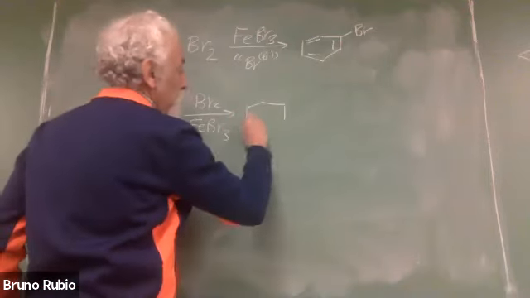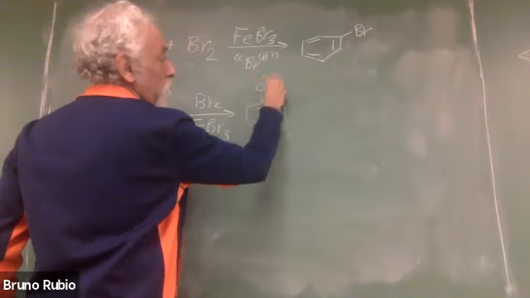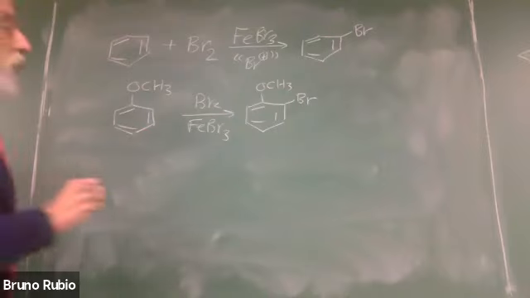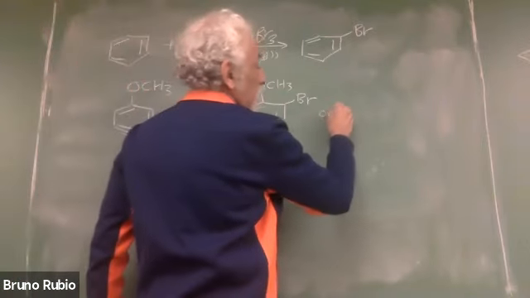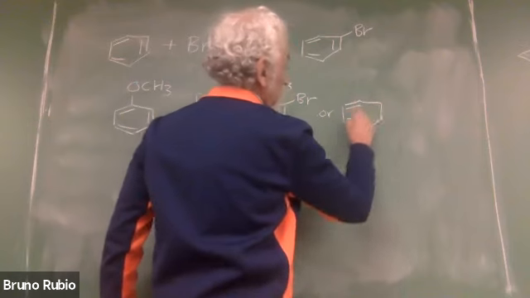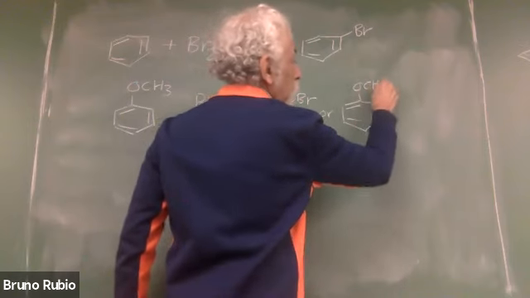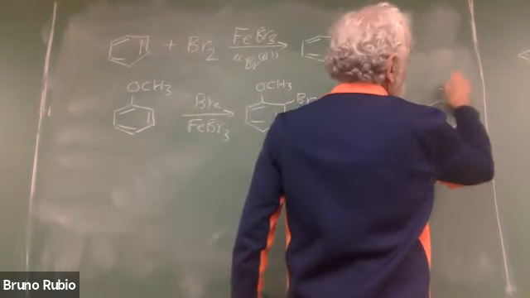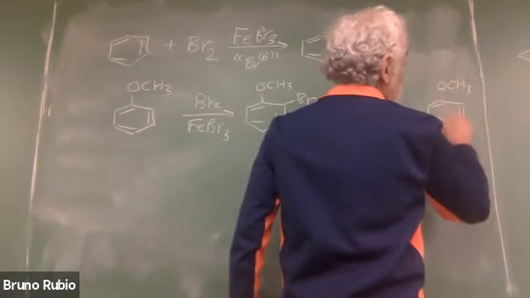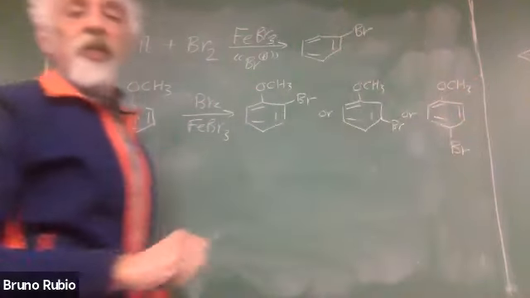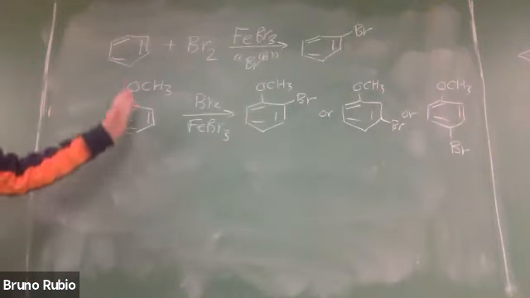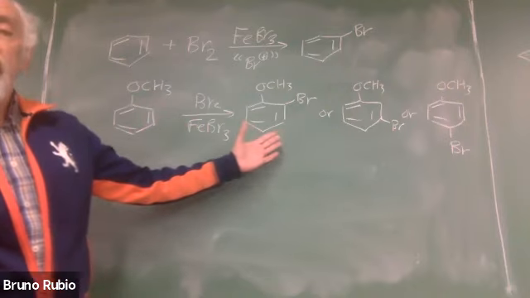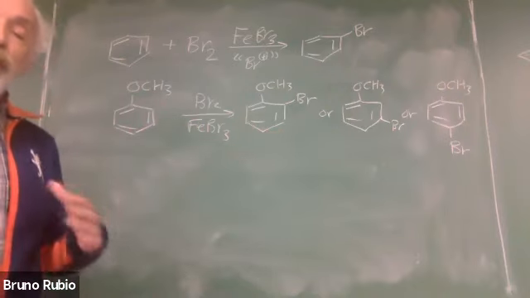So that bromine could go on the position next to the methoxy, or it could go on the ring position once removed from the methoxy, or it could go on the ring position diametrically opposed to where the methoxy was. So introducing this methoxy substituent has now opened up the possibility of having 3 different bromination products.